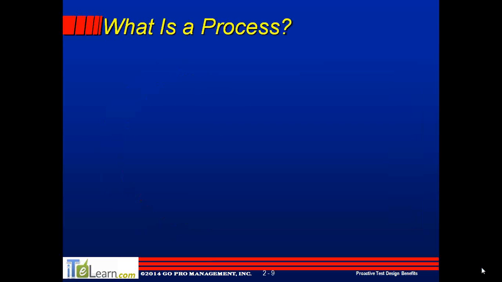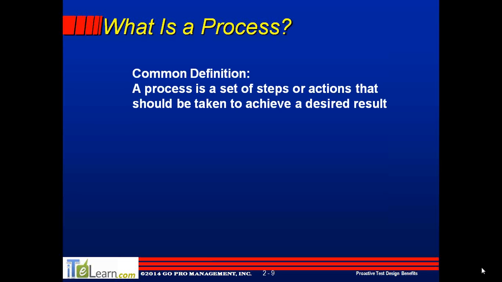So let's talk first of all about what is a process. I'm sure that many of you use this term, and think about what you mean by a process. And if you're like many people, you tend to define a process as a set of steps or actions that should be taken to achieve a desired result. Now that's a very common definition.